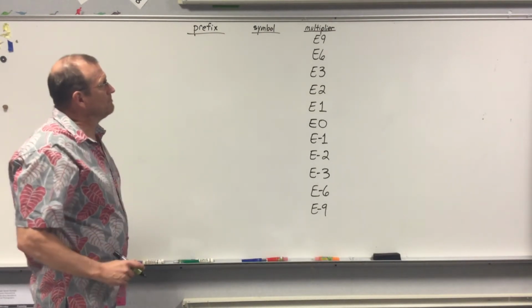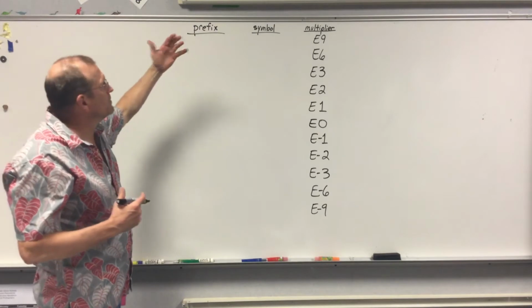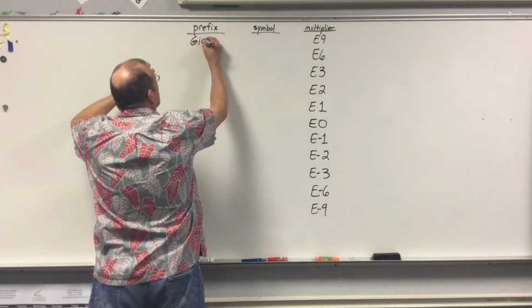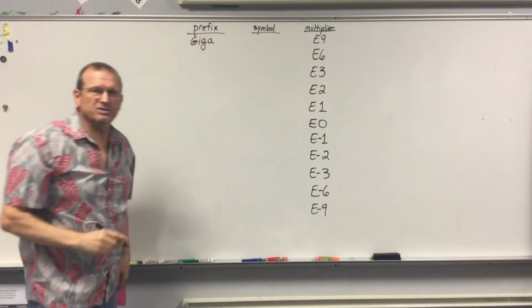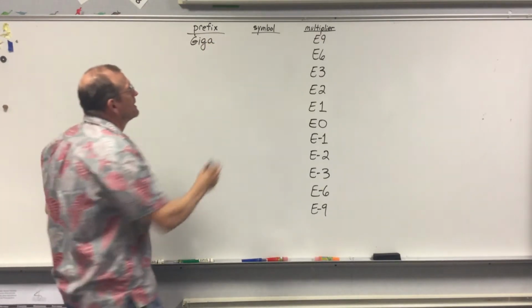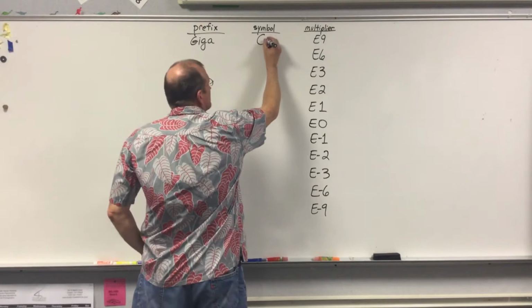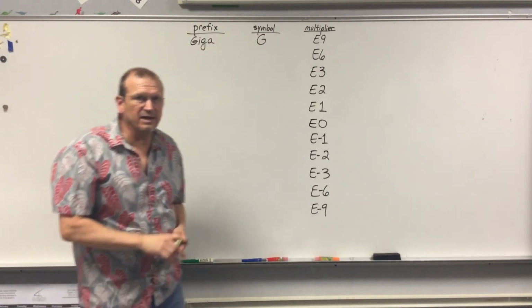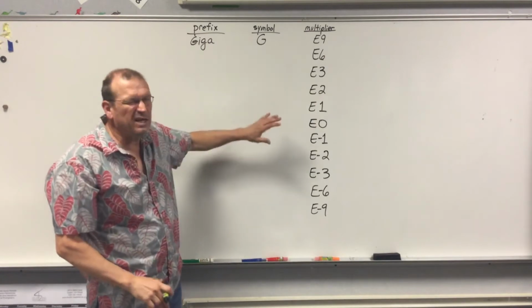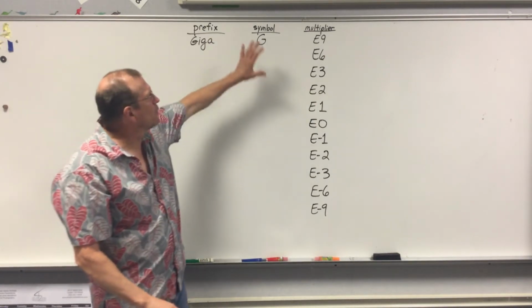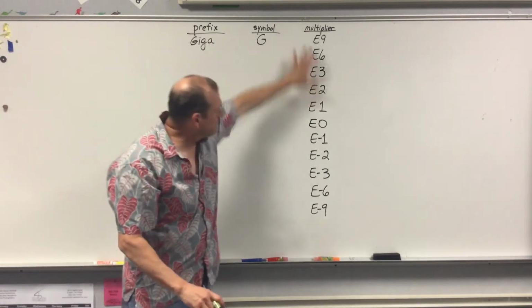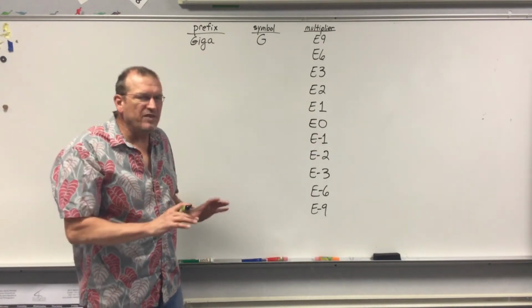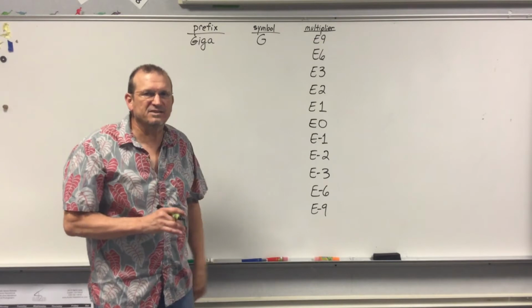Okay, now, names. For E9, this is our prefix giga, and the symbol for this is a capital G. And as I go through this list, I will tell you that anytime we're dealing with units or prefixes or powers of 10 where you're going to use this E notation, all of that is case sensitive.